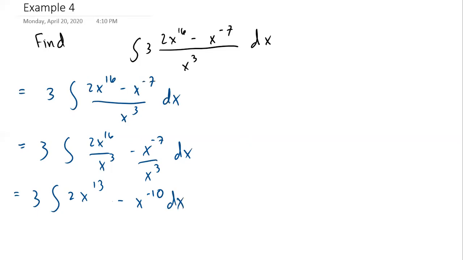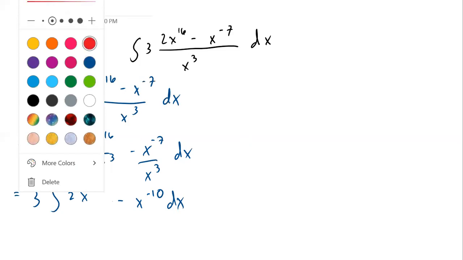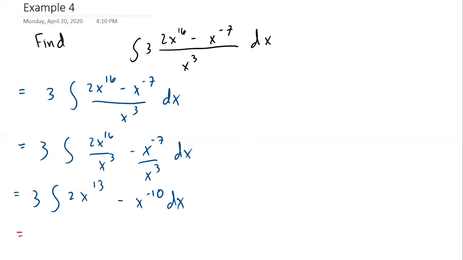Now what am I going to do? Now I'm going to use the sum rule. I'm going to keep the 3 on the outside, and divide this integral as the indefinite integral of 2x to the 13th dx minus the indefinite integral of x to the negative 10 dx.